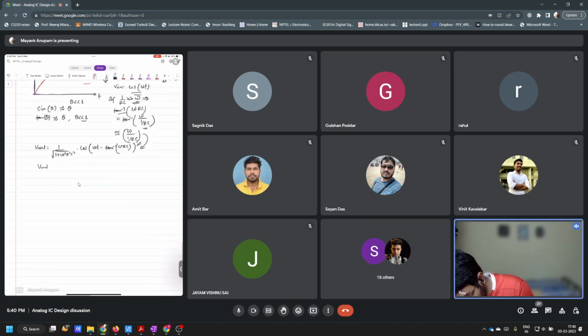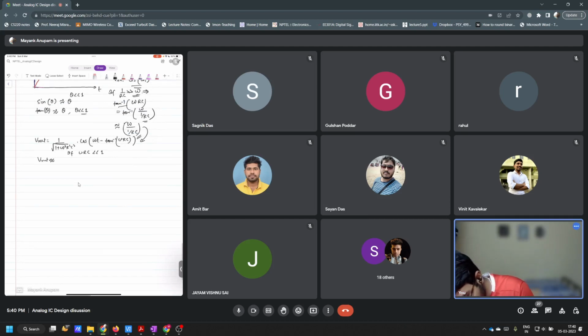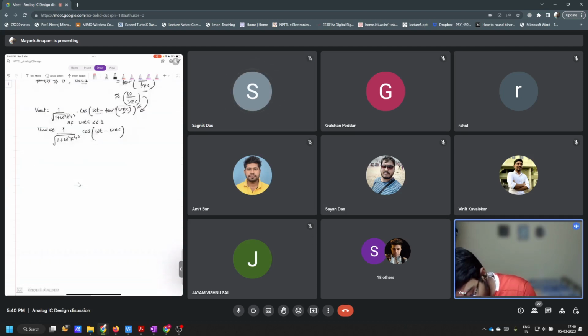It can be written as V out approximately equal to, if omega RC is much less than 1, 1 over root of 1 plus omega square R square C square cos of omega t minus omega RC, correct?